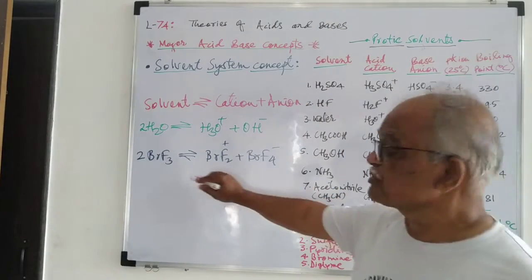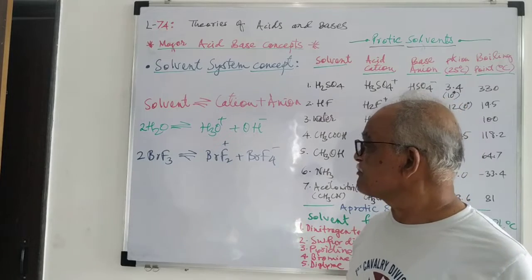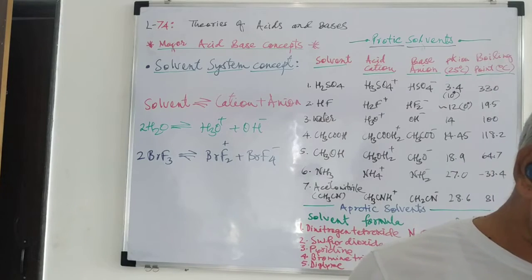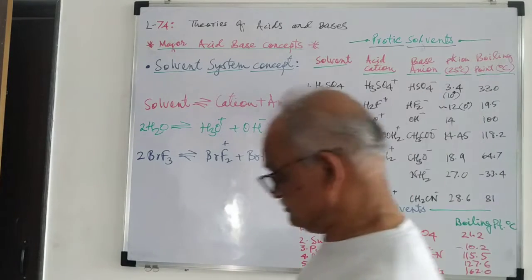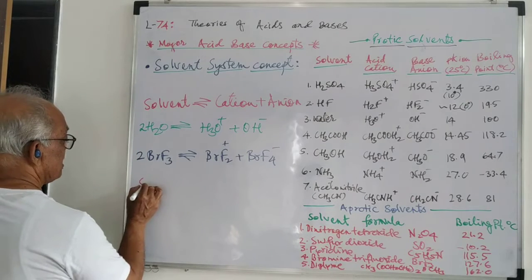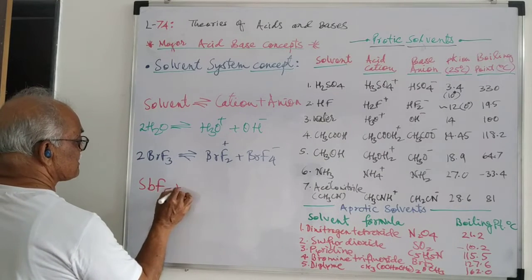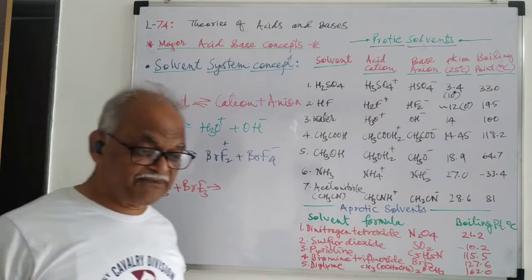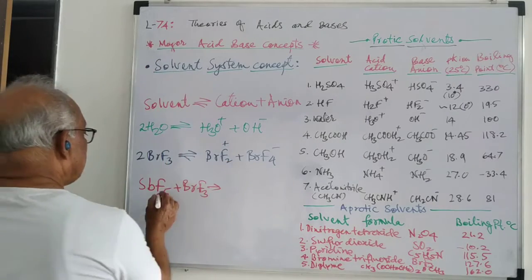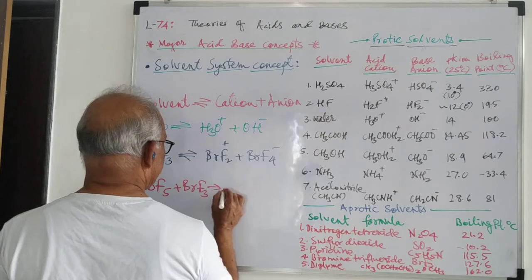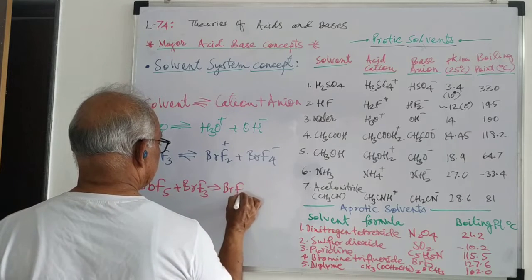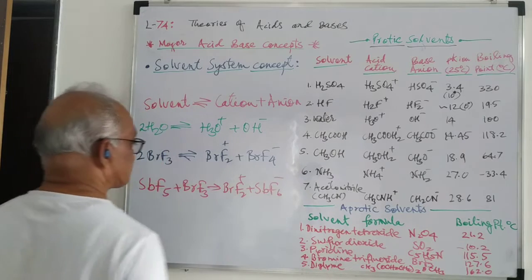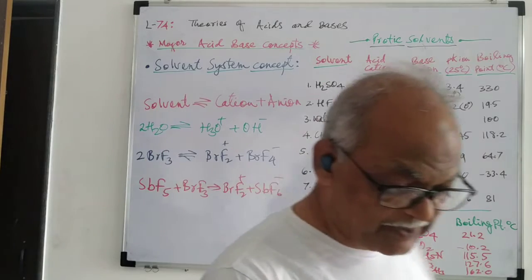So we have seen the auto-dissociation, which results in the formation of cation and anion. Now if we take the solute SbF5 plus BrF3, it gives BrF2 plus and SbF6 minus.